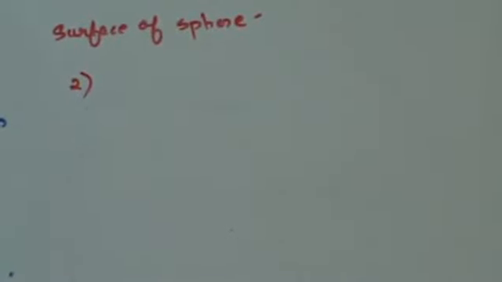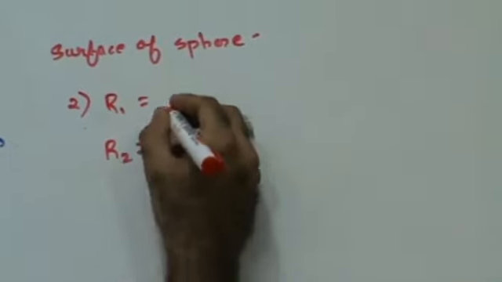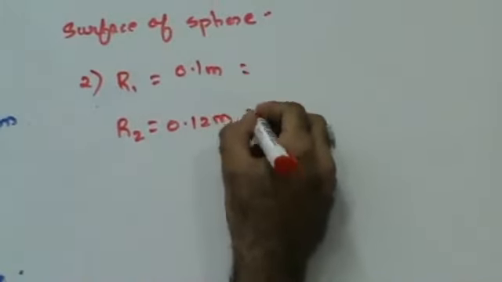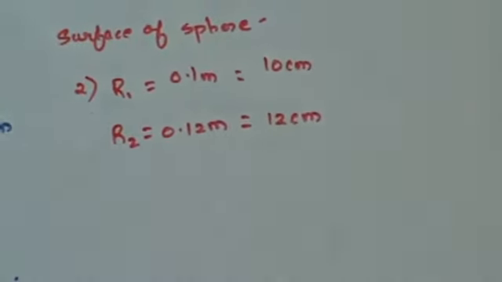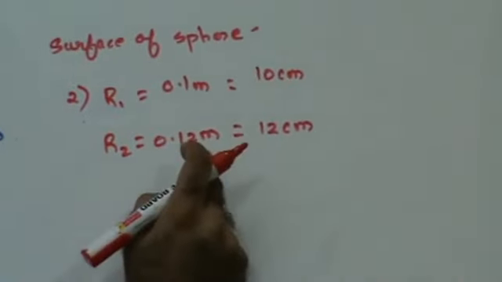A biconvex lens has radii of curvature of two faces, 0.1 meter and 0.12 meter.